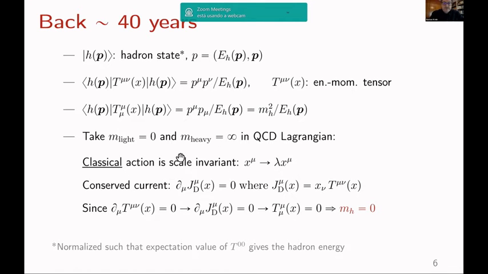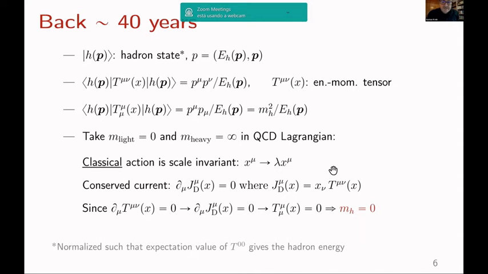And once you have an invariance, you have a conserved current. In this case it is the dilatation current, which is given essentially by the energy momentum tensor. But since this is a conserved quantity, I get that the trace of the energy momentum tensor gives 0. So the hadron masses must be 0.